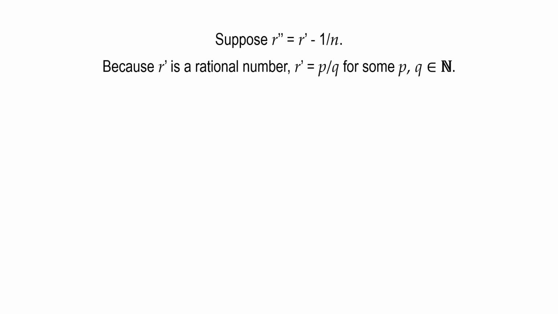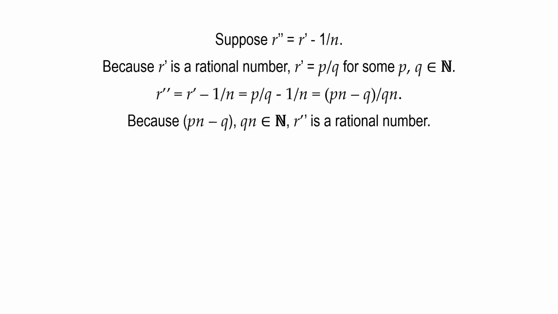Suppose R double prime equals R prime minus 1 over n. Because R prime is a rational number, R prime equals p over q for some p and q. R double prime equals R prime minus 1 over n equals (pn minus q) over qn.